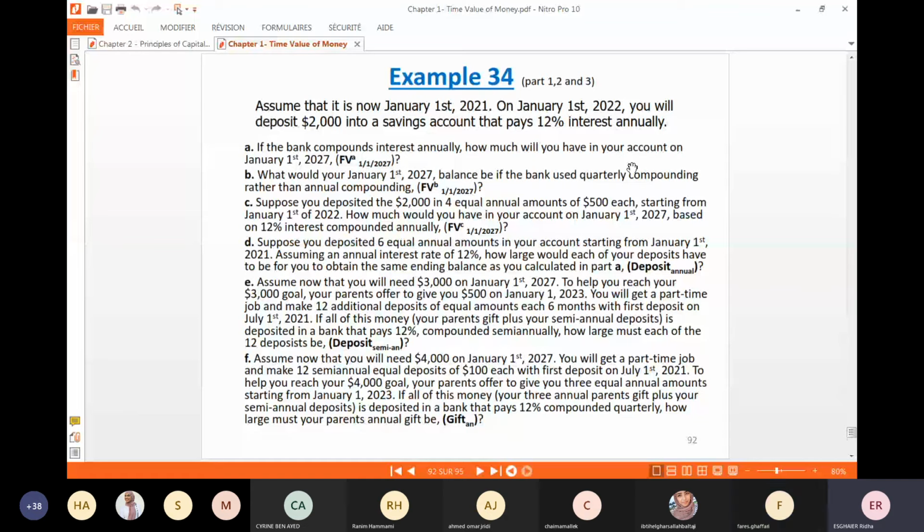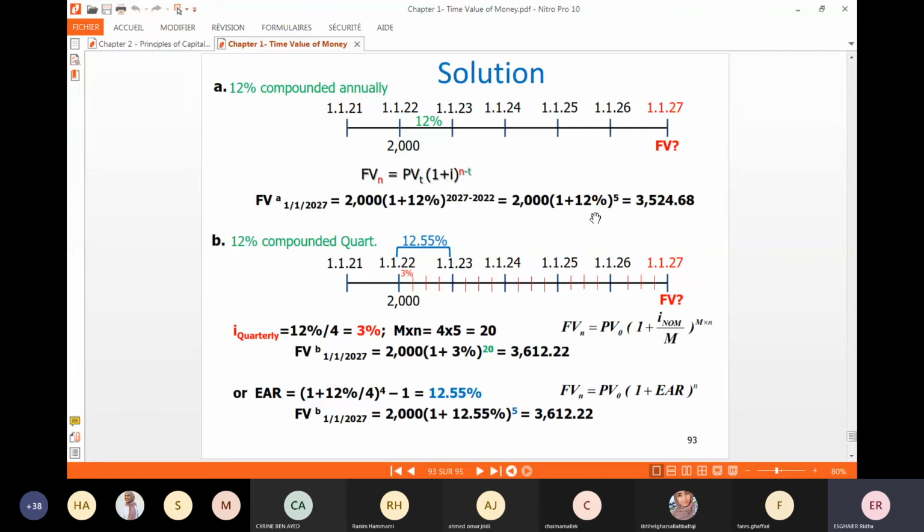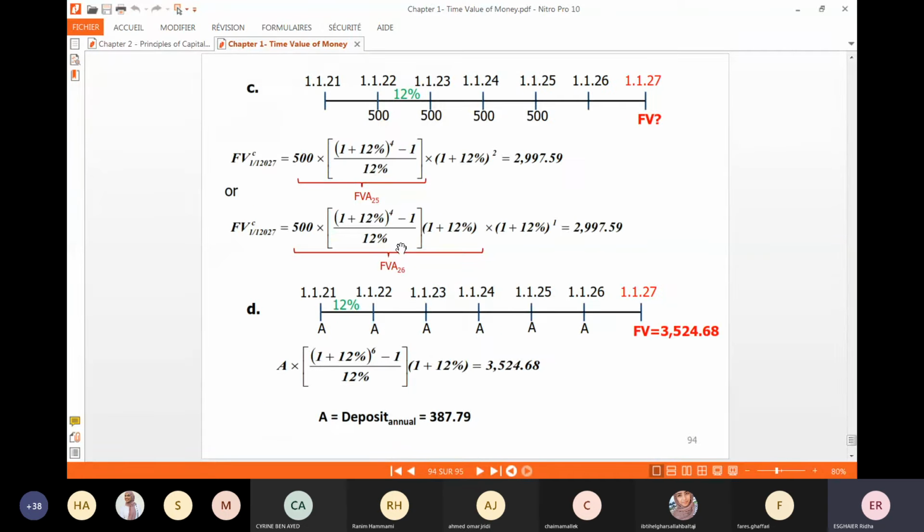Now, suppose you deposited 6 equal unknown amounts in your account starting from January 1st 2021. So we put the first amount on 1/1/21. Since I have 6, the last amount will be deposited on 1/1/2026. 6 A's.